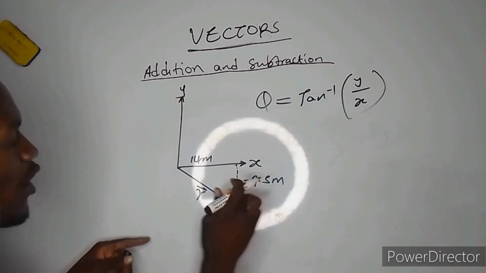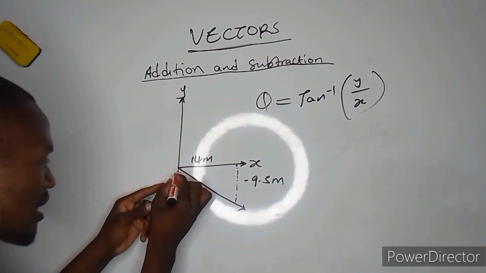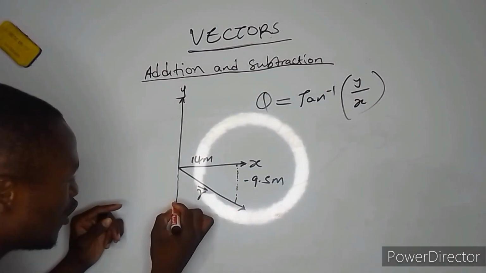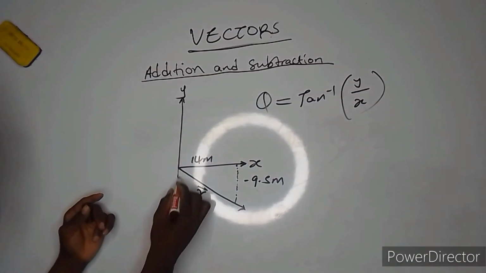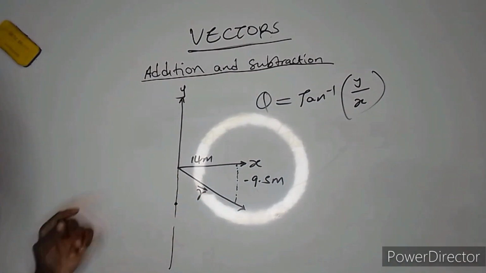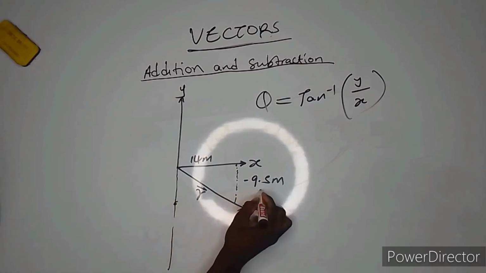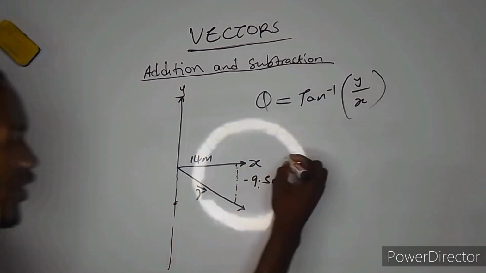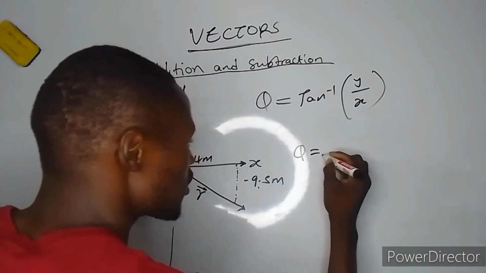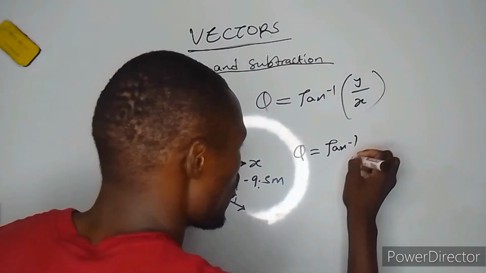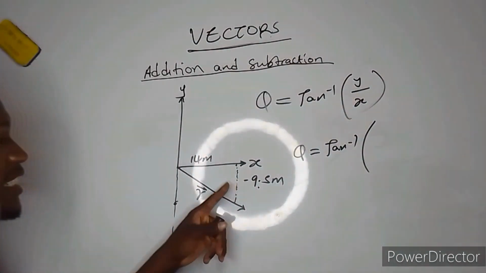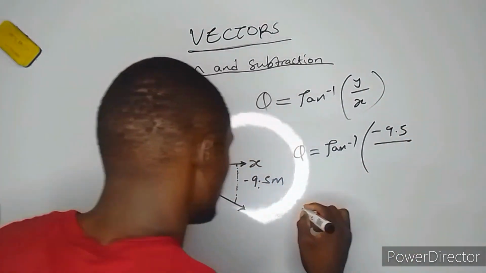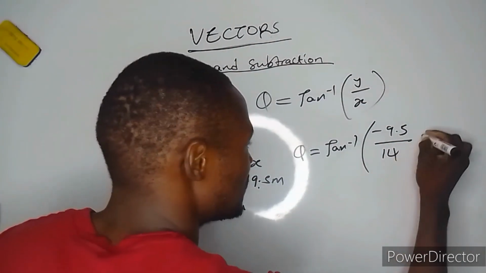On the y component, this line is parallel to the y axis, so we consider this value reaching here to be the same distance from here up to here. Therefore, we consider this value as the y component. So theta is equal to the tan inverse of y, which is negative 9.5, divided by 14.